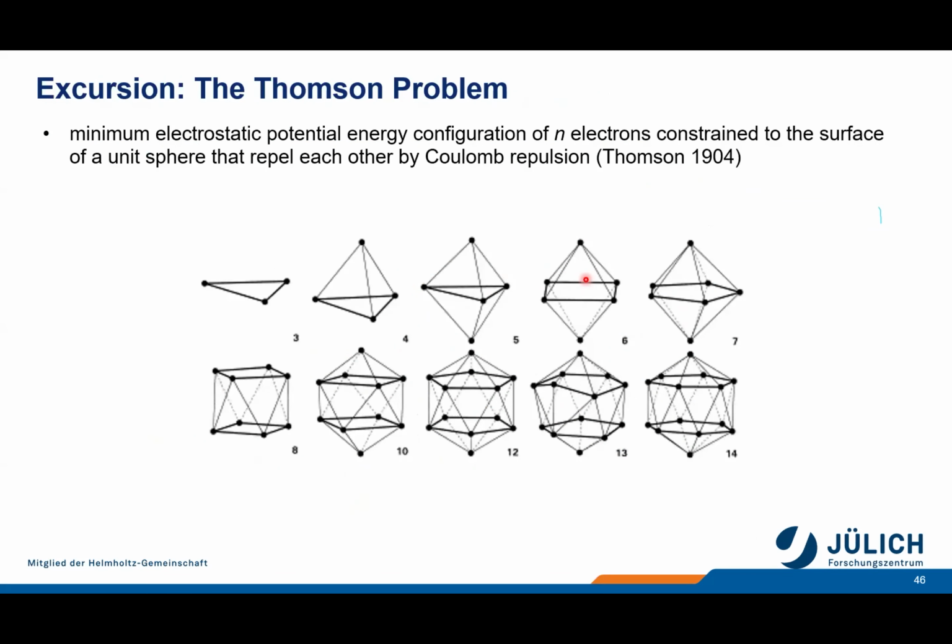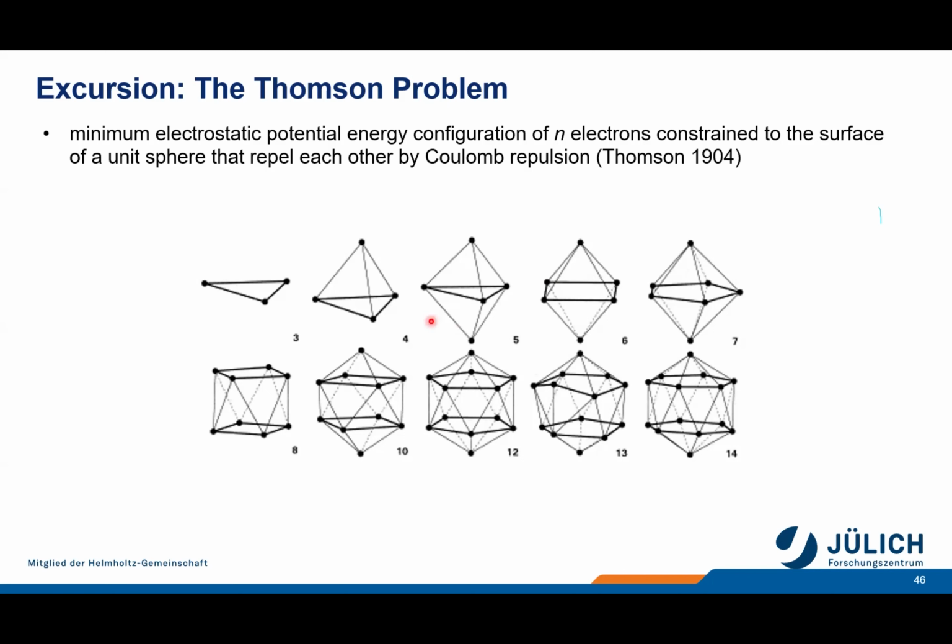There's an interesting analogy of these bipyramids to the Thomson problem. So this was something 120 years ago, where people thought about how electrons which repel each other would be surrounding a positively charged nucleus before the orbitals were known.